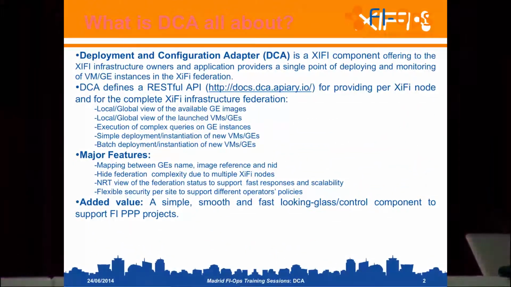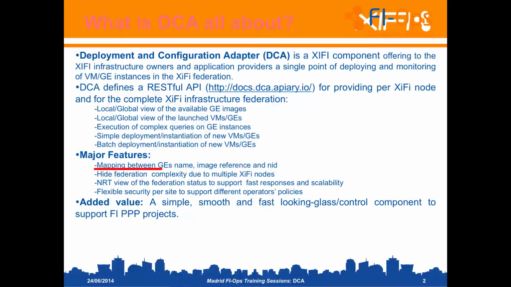So, about the DCA, the major features of this tool are the possibility of mapping the generic enabler information, like name, image references, and network ID, in a cross-correlation way that makes this information more accessible to the end users.